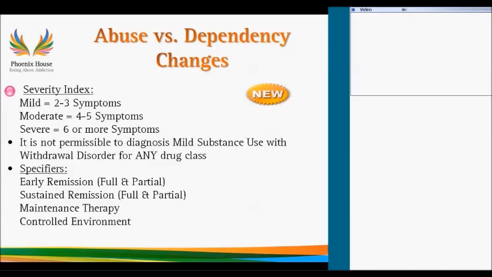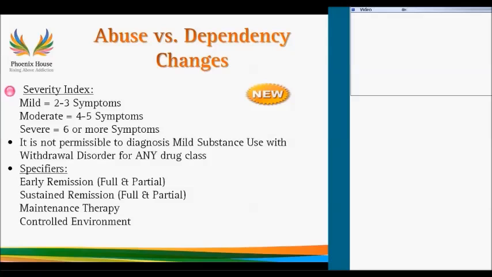The only difference with the severity index in this chapter is with the gambling disorder. So all of those things are the same. So it's really about identifying the drug of choice, and if there's more than one drug of choice, then going through mild, moderate, severe measures for each drug of choice.